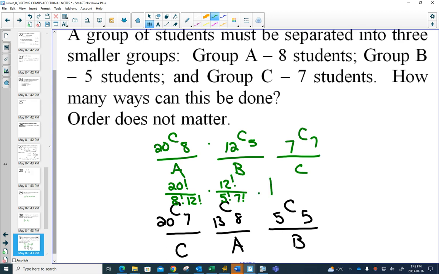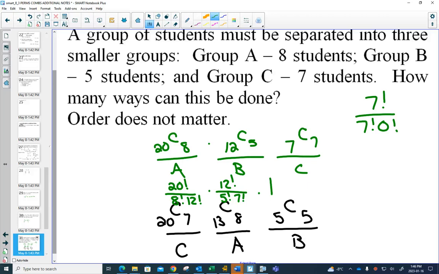And 7 choose 7 is 1, but technically it would be 7 factorial over 7 factorial. What would the other number be that adds up? 0. And again, 0 factorial has to equal 1, which is the only way that formula works. Can you see that 7 factorial divided by 7 factorial would be 1? And so we get 1 that way anyway.